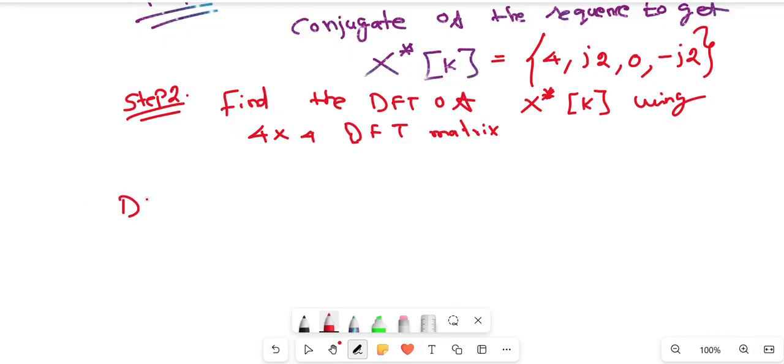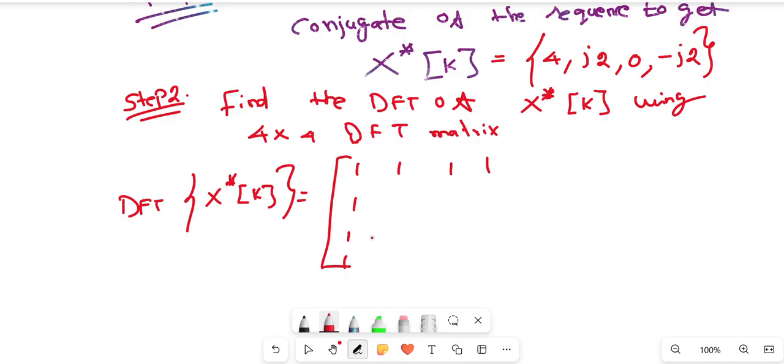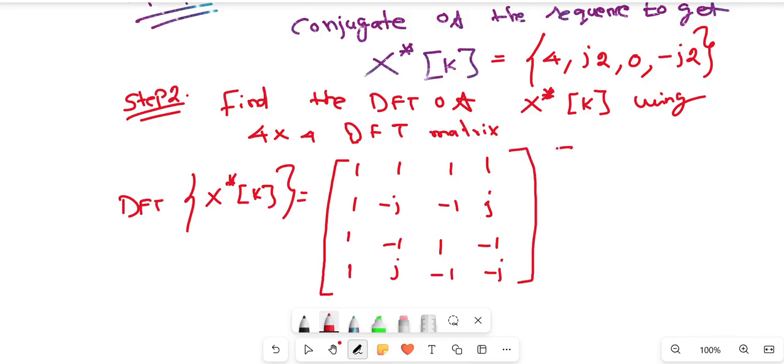The DFT of the complex conjugate of X of k, by the matrix method, is the matrix with rows 1 1 1 1, 1 minus j minus 1 j, 1 minus 1 1 minus 1, and 1 j minus 1 minus j, multiplied by the terms 4, plus j2, 0, minus j2.